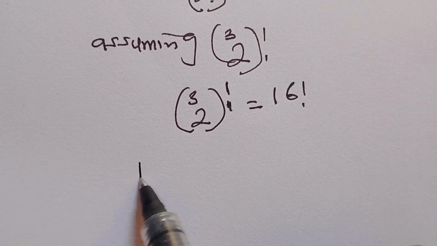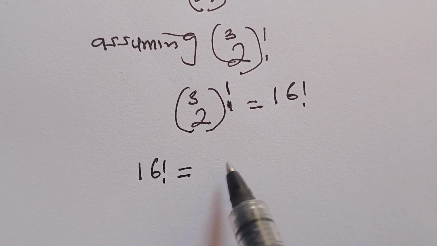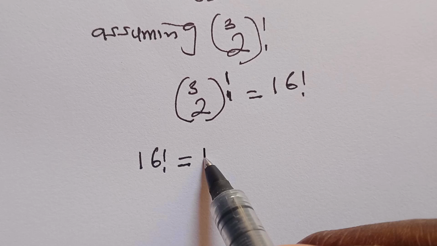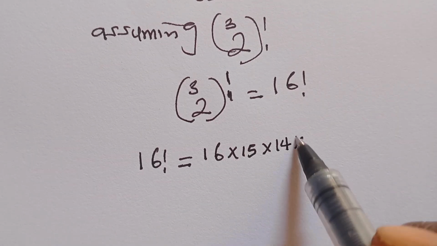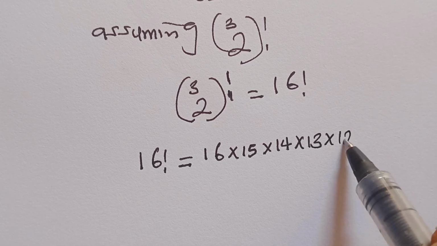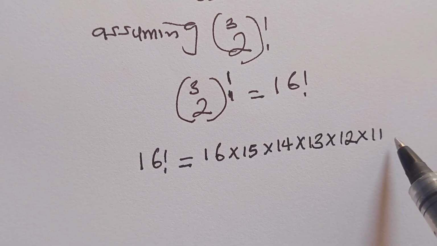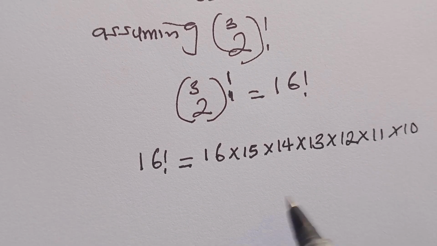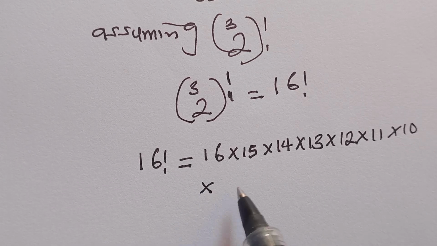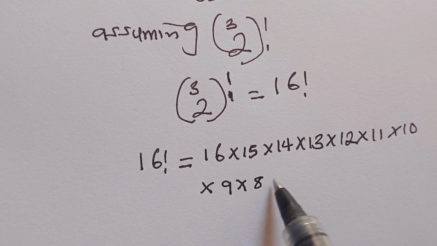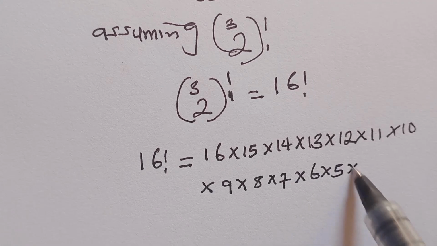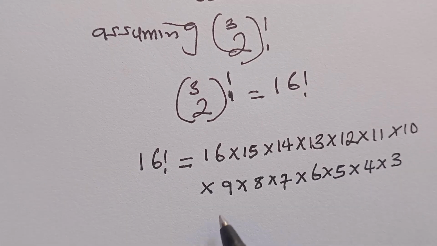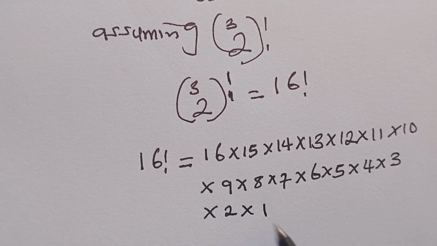And this is a kind of long number, because 16 factorial will simply give us 16 multiplied by 15, multiplied by 14, multiplied by 13, multiplied by 12 times 11 times 10 times 9 times 8 times 7 times 6 times 5 times 4 times 3 times 2 times 1.